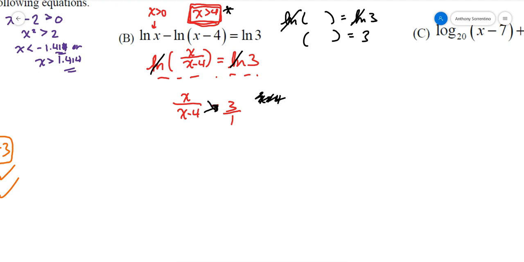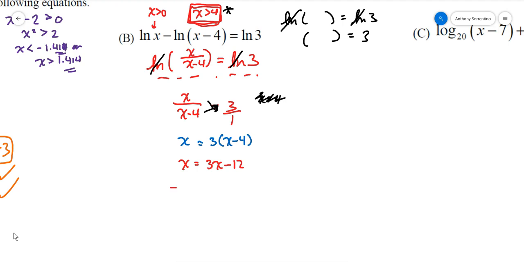I'm going to have, and this is all in an effort to try to get x's out of the denominator, x equaling 3 times x minus 4, which is going to be x equaling 3x minus 12.